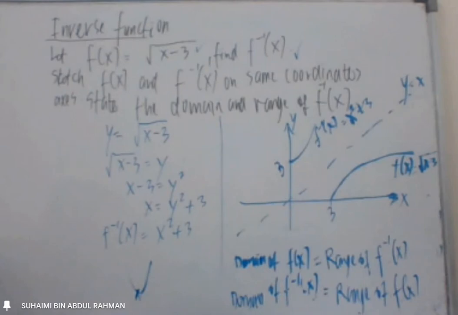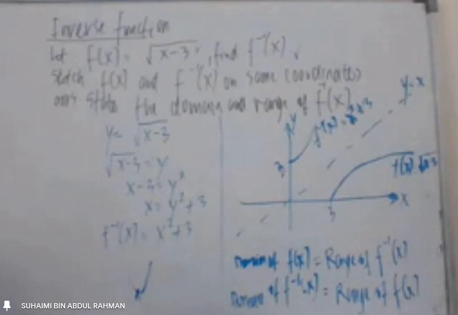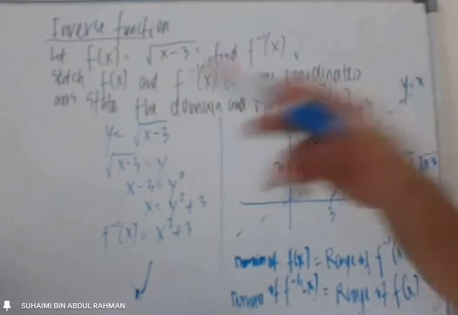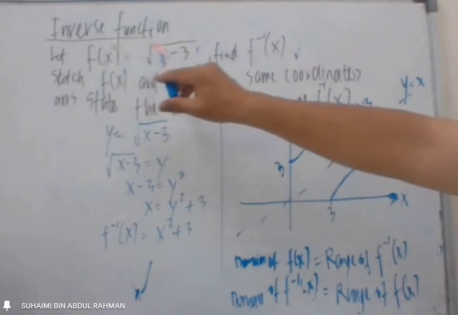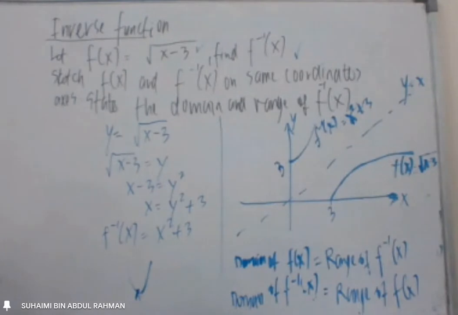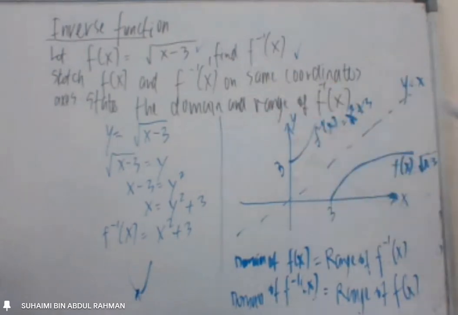This function is a one-to-one function. We substitute one value, we get one value for another one. When we substitute A, and we substitute B, the same value. So when it is one-to-one, it has an inverse.